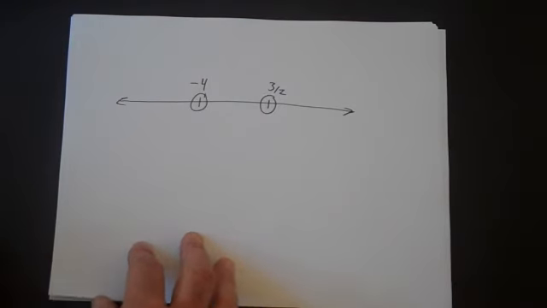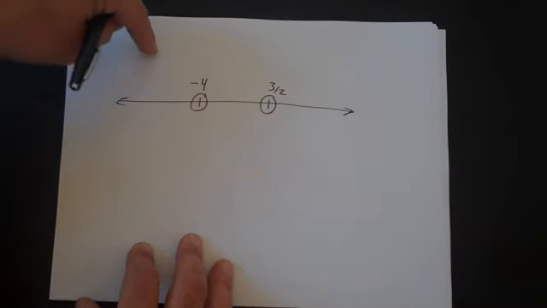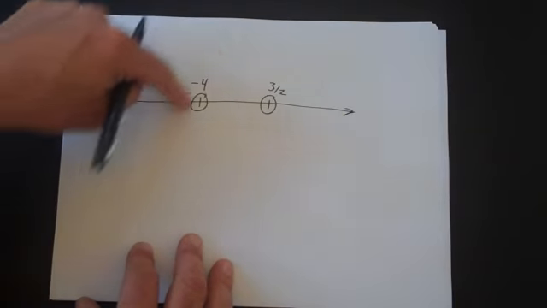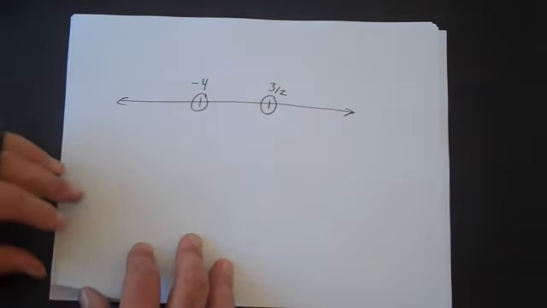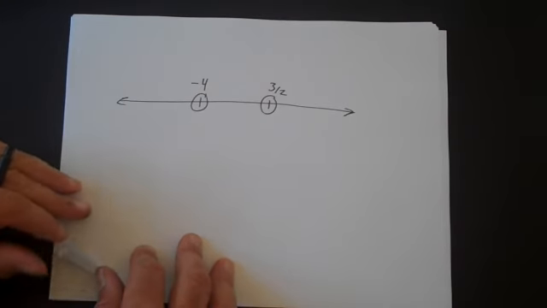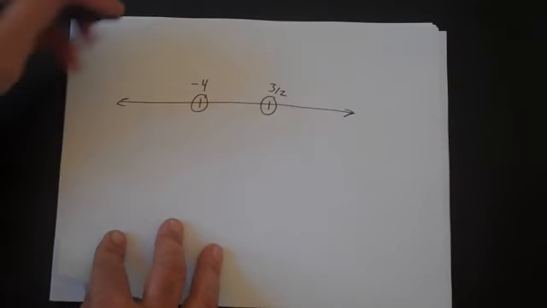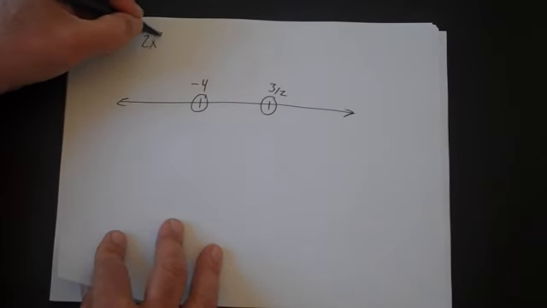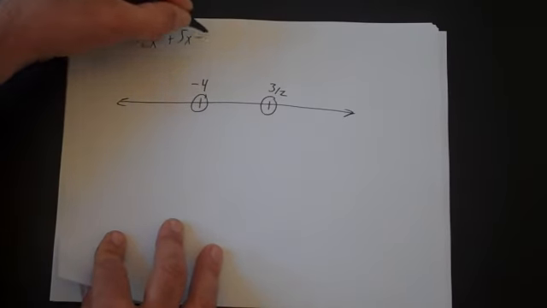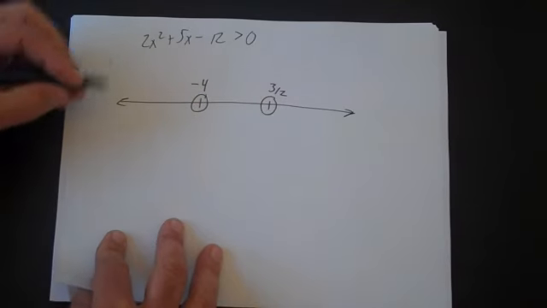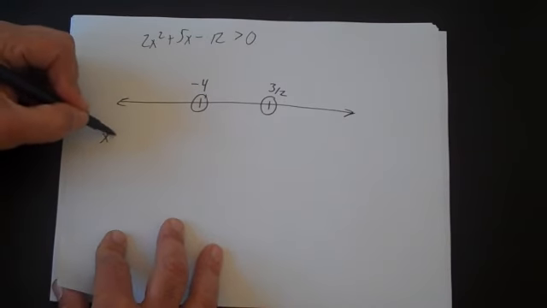Now we can save a little bit of time since we know that the parabola is either going to go like this or like that. We actually only need to test one region if we have to. So let's choose this region here. Let's plug in 2x squared plus 5x minus 12 is greater than 0. Let's choose minus 5.